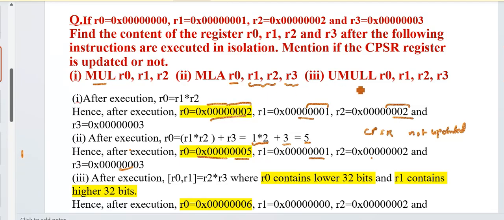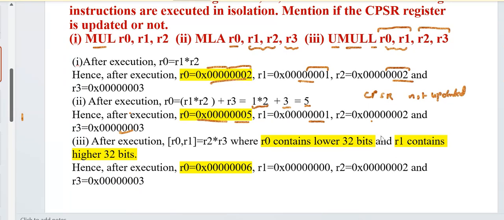Now this is unsigned multiplication long. Since it is long, two destination registers are required. So R0 and R1 are the destination registers, and the sources are R2 and R3. You have to multiply R2 and R3. The lower bits will be stored in R0 and the upper bits in R1.